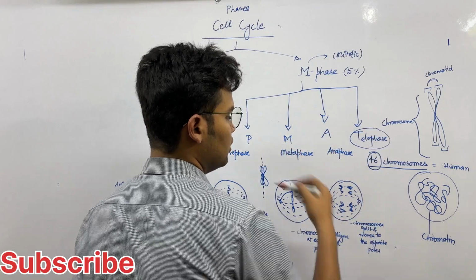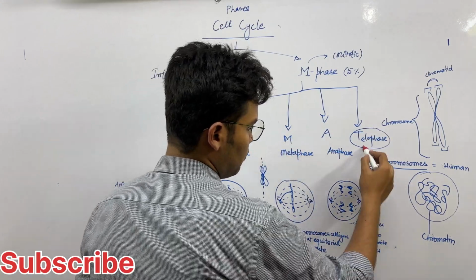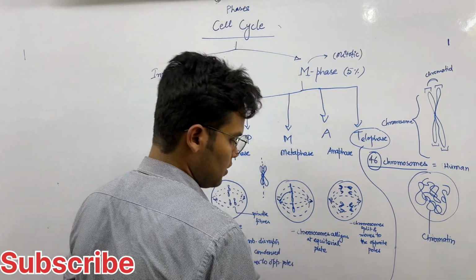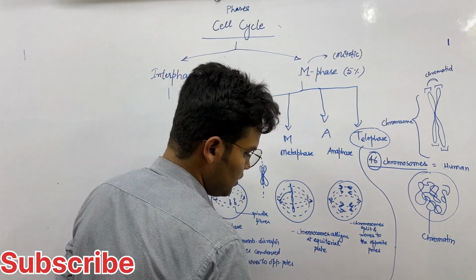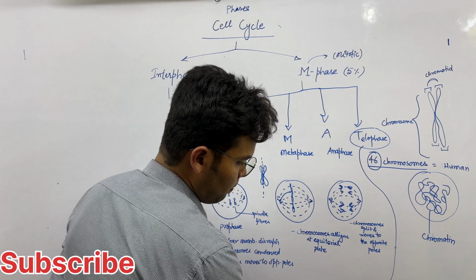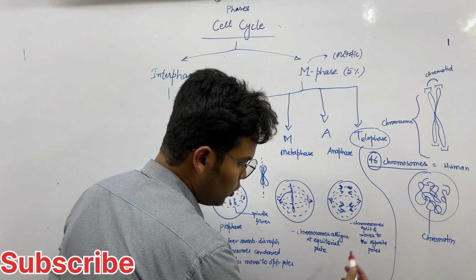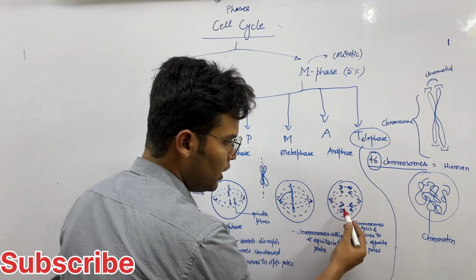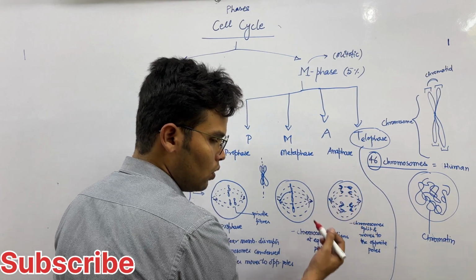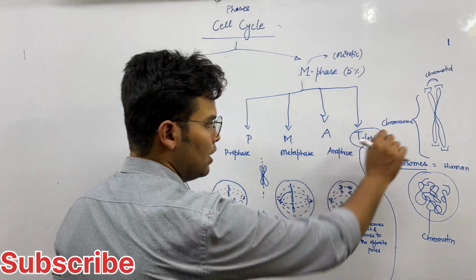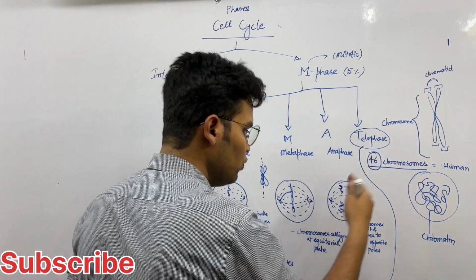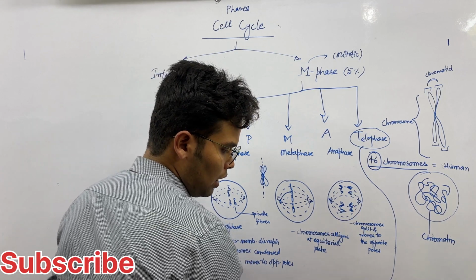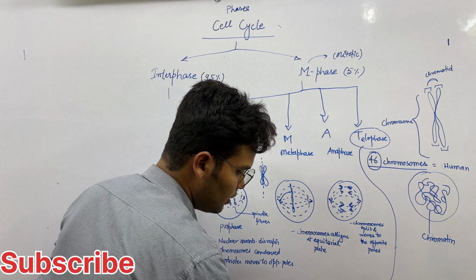Now at the end, that is telophase, in this subphase we are going to discuss that in a cell, the nuclear envelope will start to form again. Now every strand or half of the chromosome which got split and moved to each and every pole will form a separate identity like this.